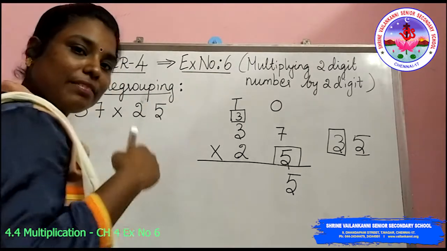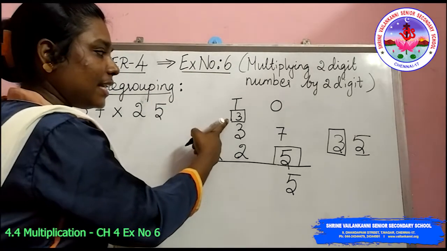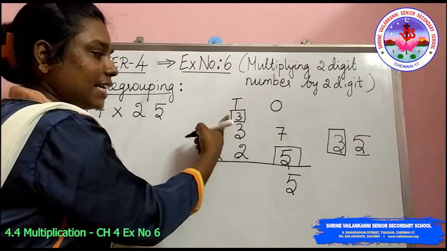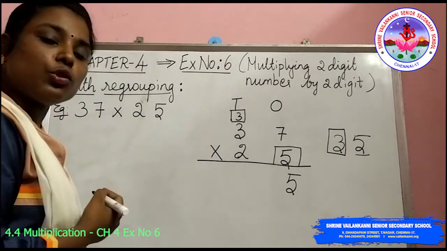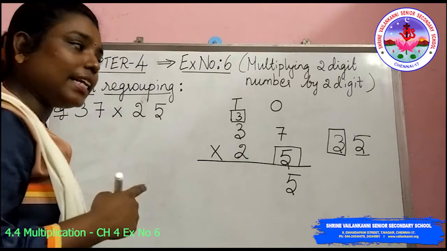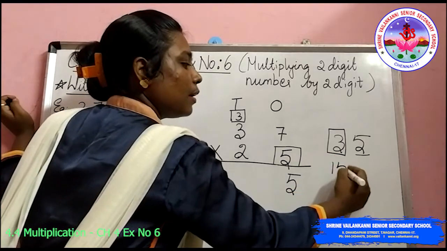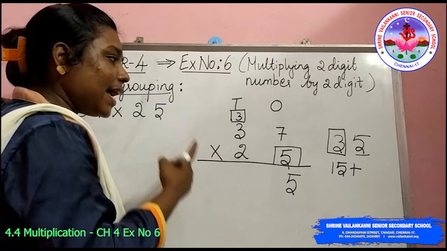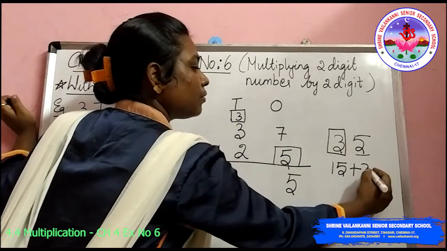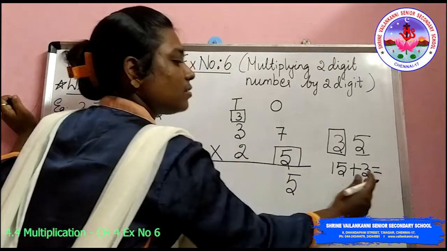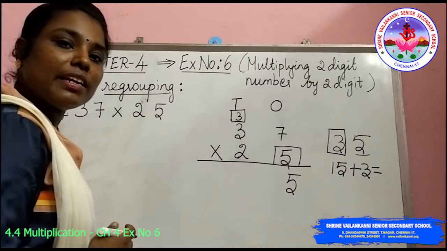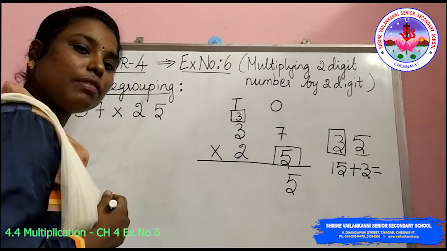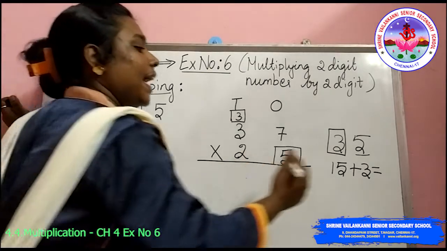Before writing 15, I should check is there any carry forward. If there is a carry forward, what do we have to do with that value? We should add it with this 3. What is 15 plus 3? 15 plus 3, 18.